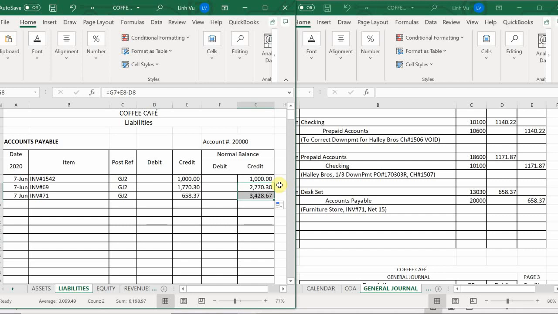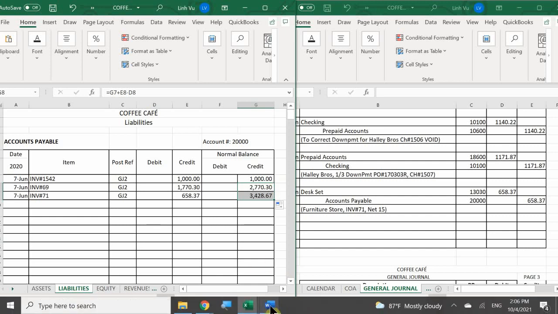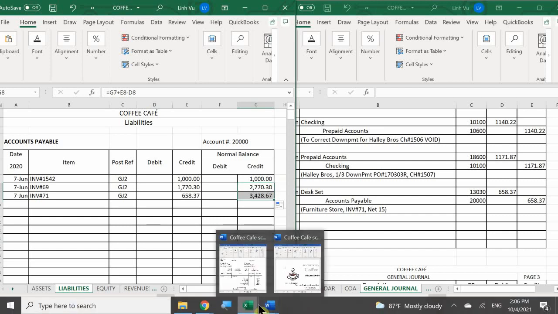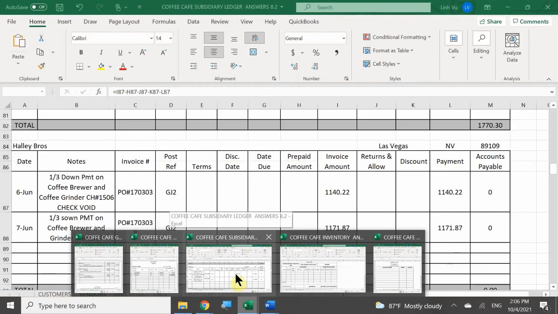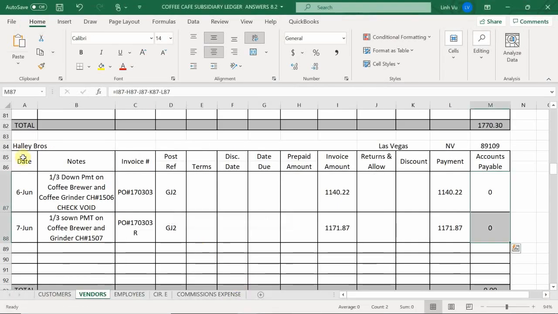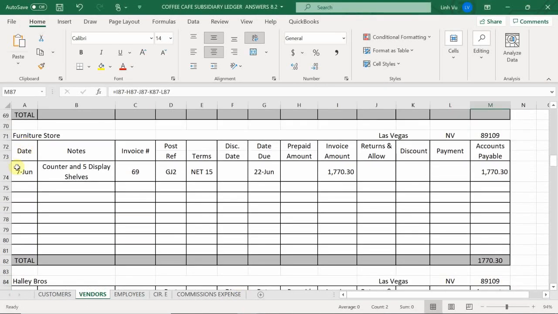Now we have the subsidiary journal, where I think we write something, because we received stuff from the furniture store. So I'm going to go up to the furniture store.